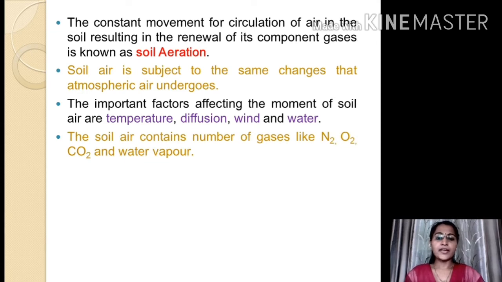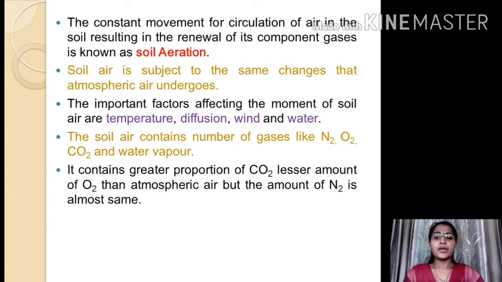Soil air contains a number of gases like nitrogen, oxygen, carbon dioxide and water vapor. The soil air contains a greater proportion of carbon dioxide and a lesser amount of oxygen than atmospheric air, but the amount of nitrogen gas is almost the same.